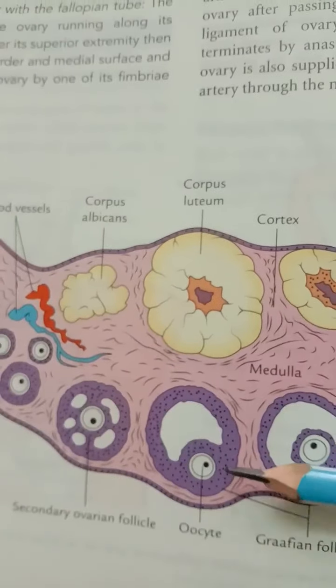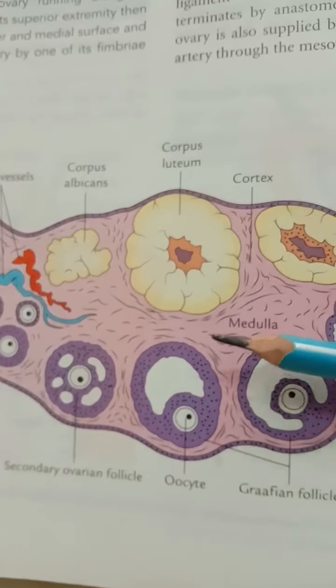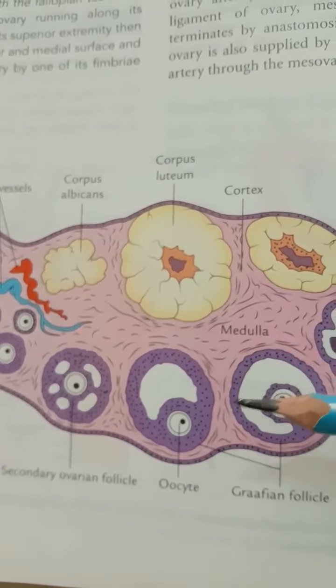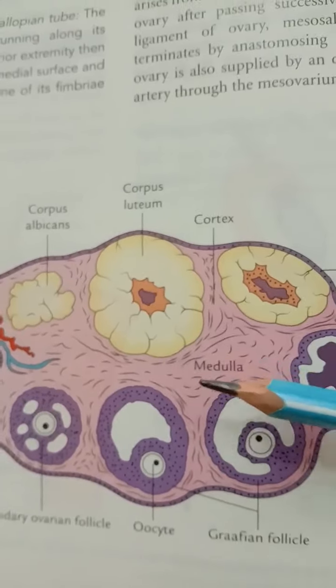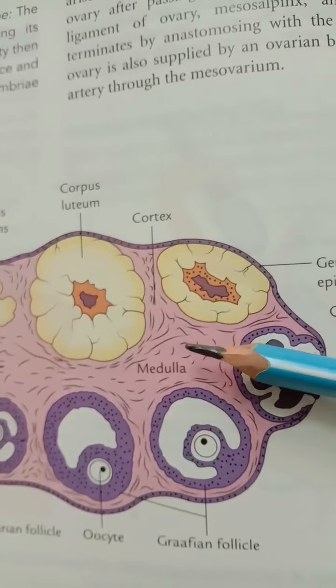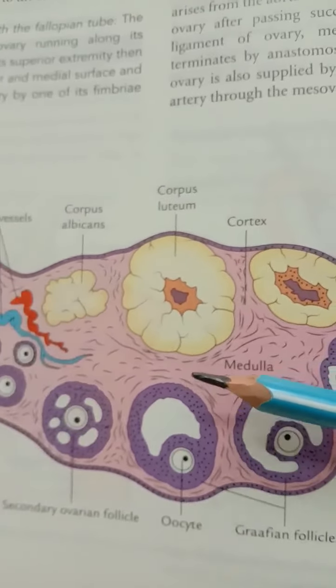During the reproductive life of the female, that means 30 to 45 years, the ovaries produce alternately one ripe ovum per menstrual cycle of 28 days.